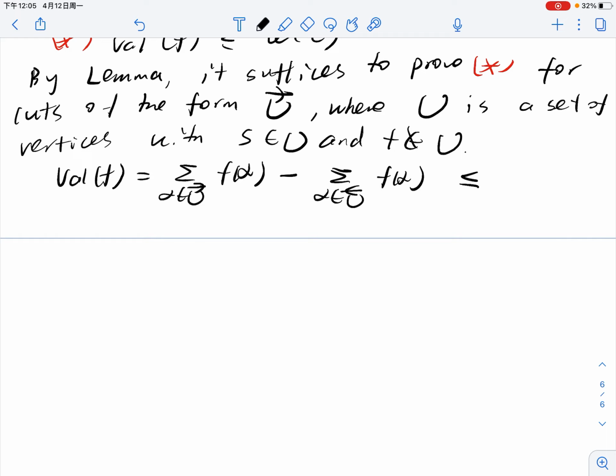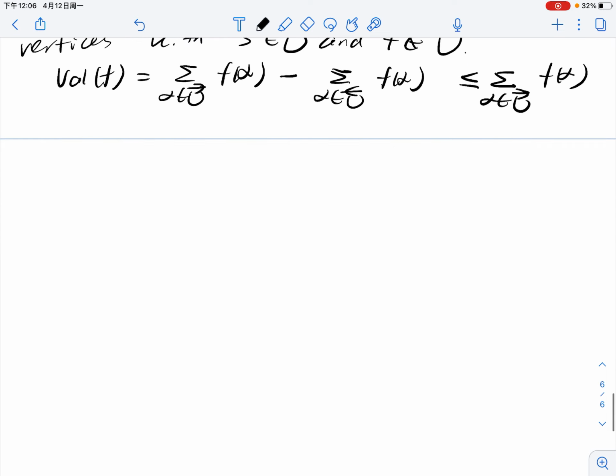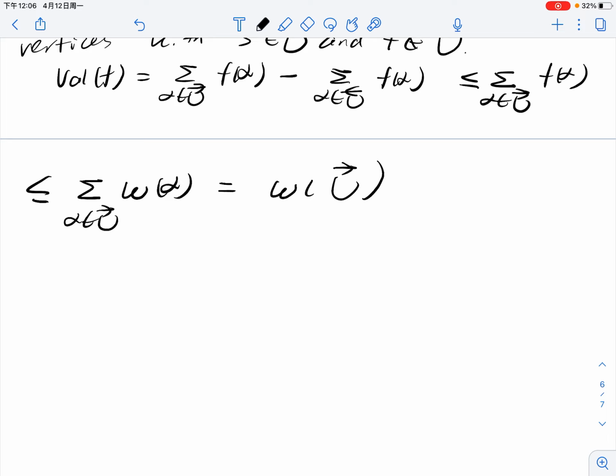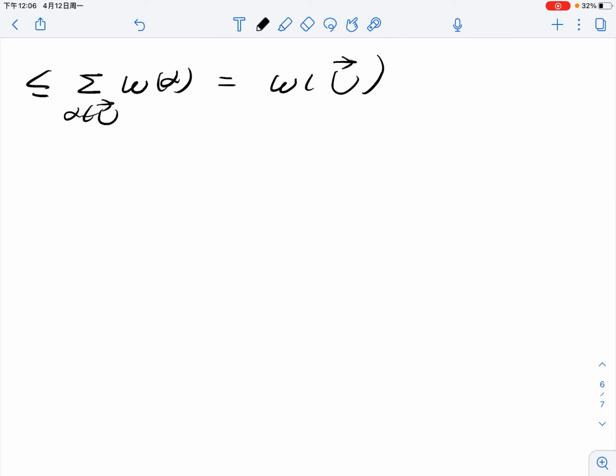Therefore, you can drop the second part in the equality. Therefore, we have this is less than or equal to summation of f alpha for all alpha leaving U. And of course, because f alpha is less than omega alpha, we have this, and the last quantity is just the weight of the set U right arrow.